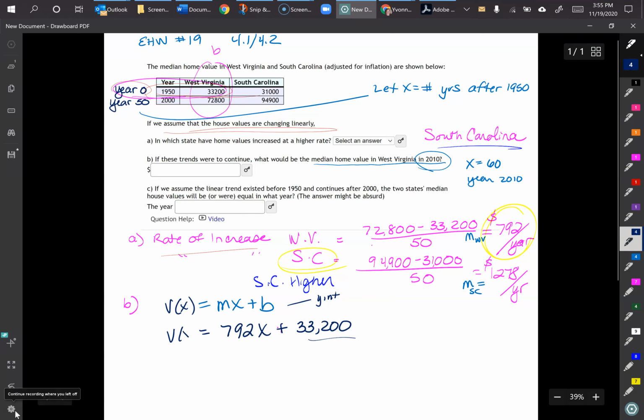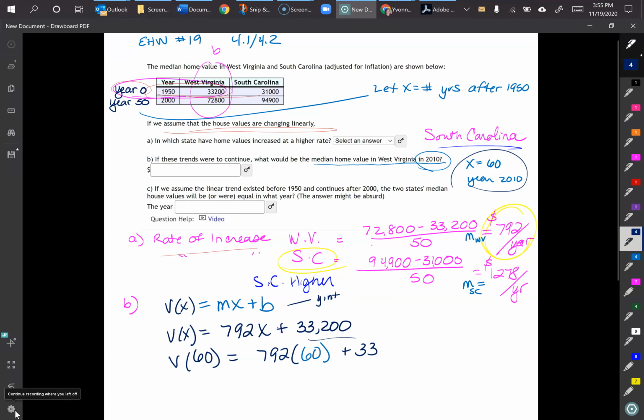Okay. And we need to know for 2010 is what the question's asking. So we would do v of 60, and then just go ahead and plug that all in. So I have 792 times 60 plus 33,200.